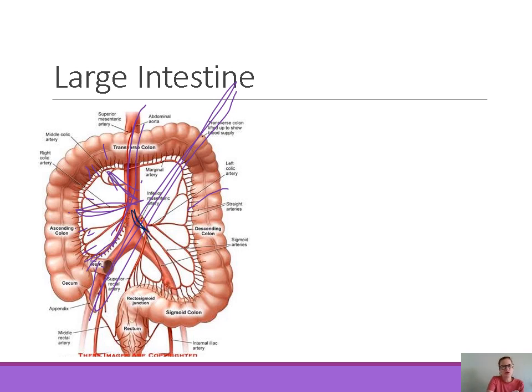So down here, coming off lower down on the abdominal aorta is the inferior mesenteric artery, and you have your left colic artery. You have your sigmoid arteries, coming down to the sigmoid colon. And again, the little straight arteries are the tiny ones that actually go to the colon.